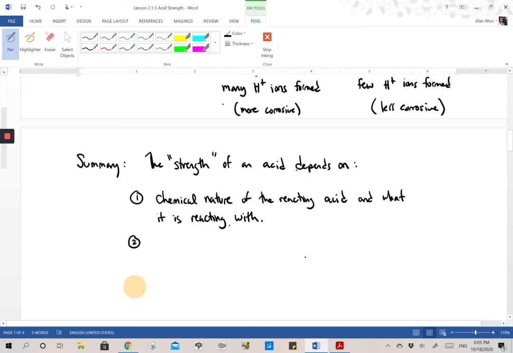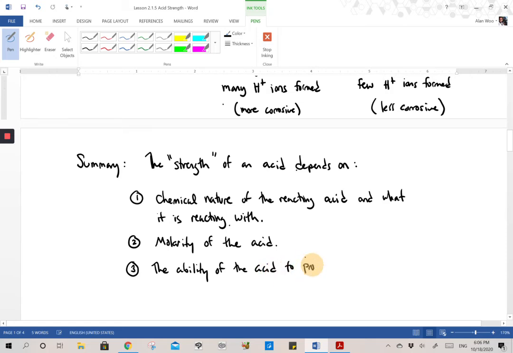It depends on the molarity of your acid. And finally, it depends on the ability of the acid to produce H plus ions.